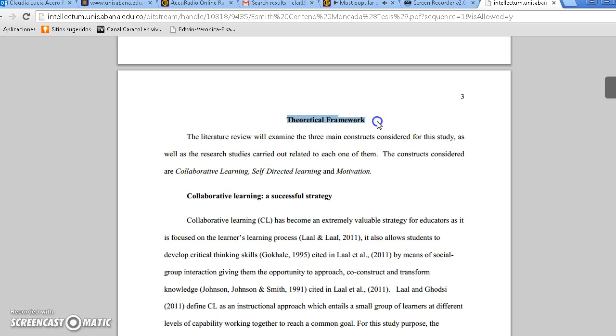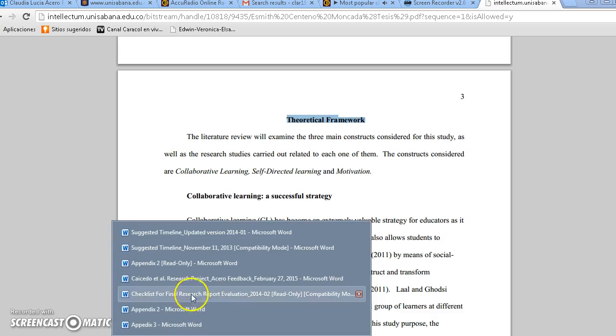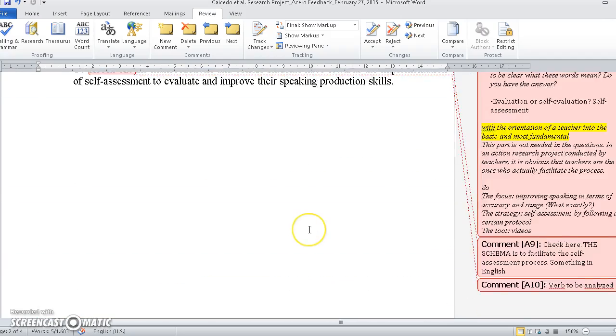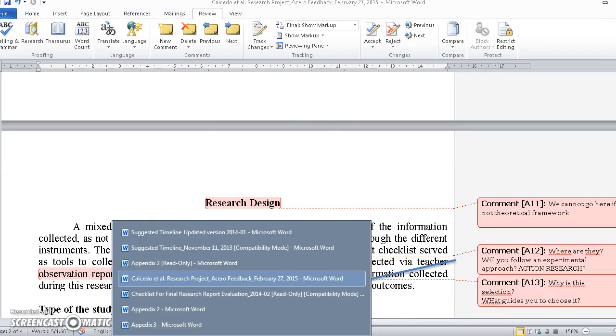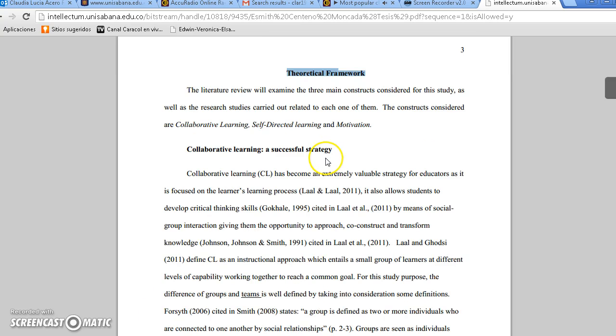A section that probably you are working on is the theoretical framework, but it is not in your paper. You go immediately to the research design, but you don't have the theoretical framework section. It's very important that you develop this section, as I told you, with the 3 or 4 aspects that are mentioned in the questions.